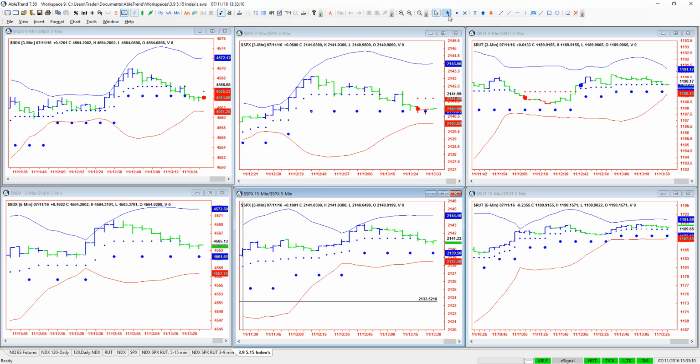If you want to be a more aggressive trader, you can jump in as soon as you see that sell signal and take a trade to the downside. But a conservative approach would be to compare a couple different time periods. Our preferred time periods on the Able Trend charts are 3-9 and the 515. And when we look at the 515, we see that there are green bars, which means there's no commitment up or down.